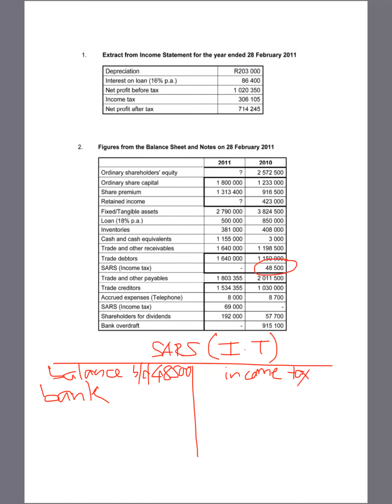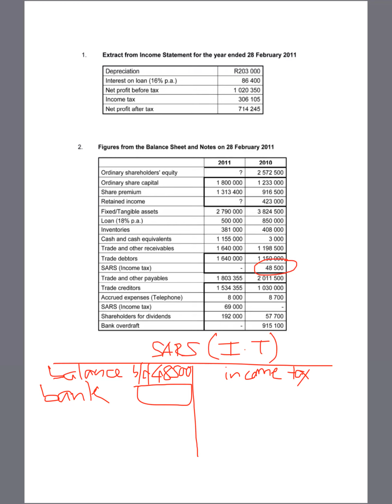So I go to my income statement to look for my income tax, right? Wait, let's pause there. Let's go back to my bank. With bank, this is the amount that I'm looking for, this one here, because I'm trying to figure out how much I paid to my SARS account.